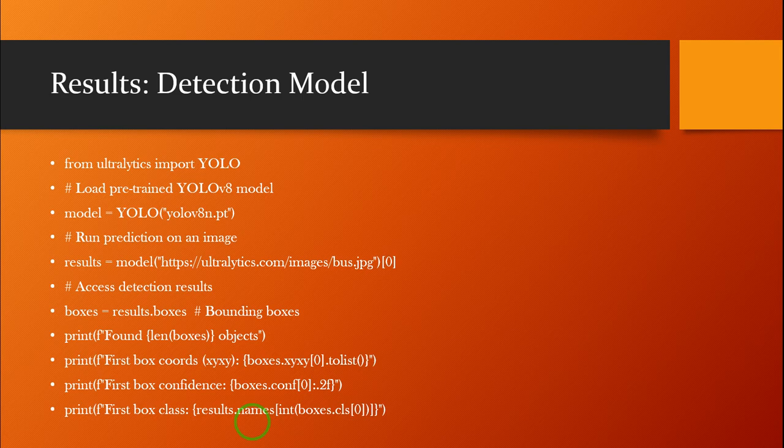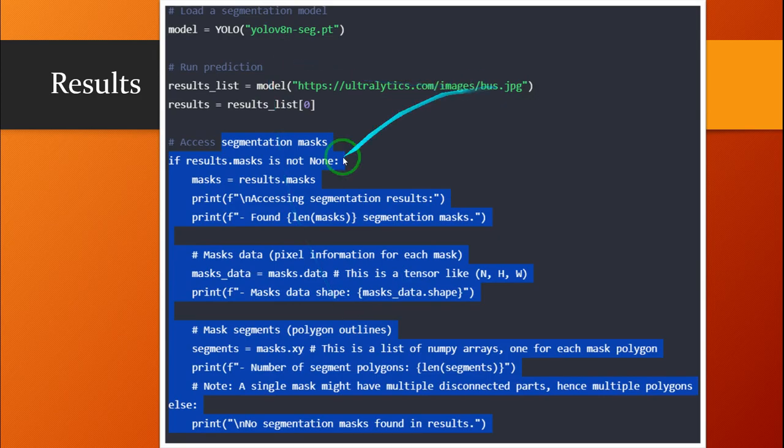For example, if you are using a segmentation model like yolov8n-seg.pt, which I think I have shown here, then the results object would have the .masks attribute. In the previous detection we have boxes, but here we have masks.